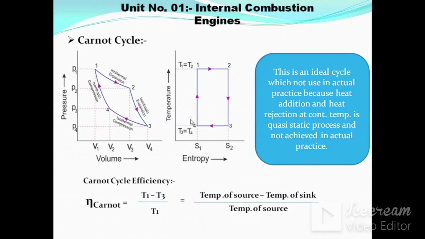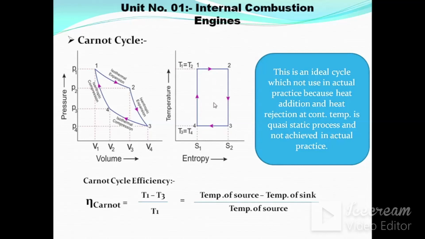Why can this not be used in practice? Because 1 to 2 is the heat addition and 3 to 4 is the heat rejection process. In these processes, T1 and T2 are the same, because this is a constant temperature process, and T3 and T4 are again a constant temperature process.